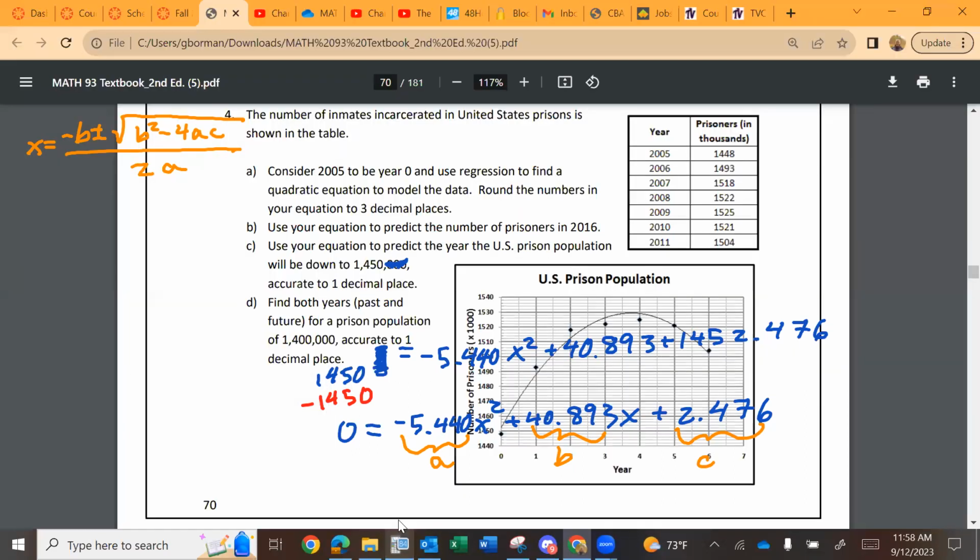In this problem, part C, it said, use your equation to predict which year the population will be 1450. Well, 1450 is, let me get a straight line here. Right there. 1450 is going to be right about there.